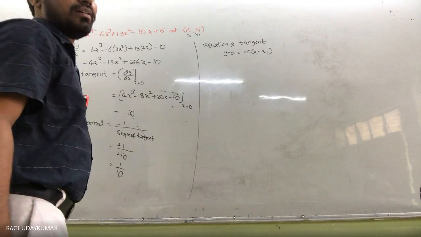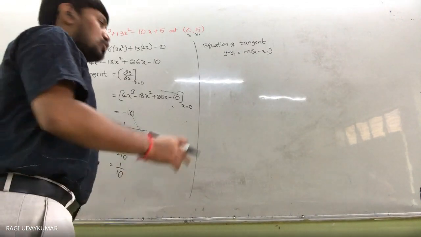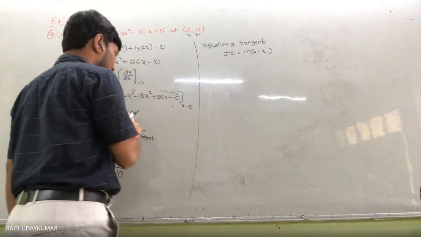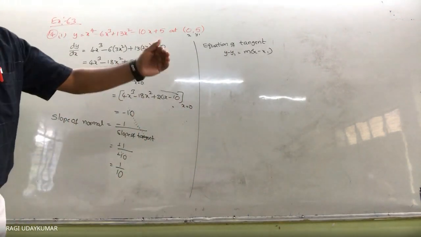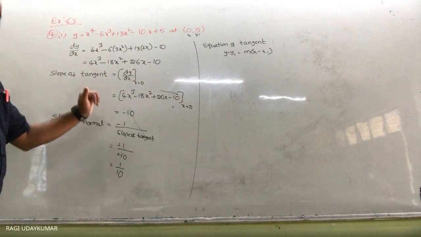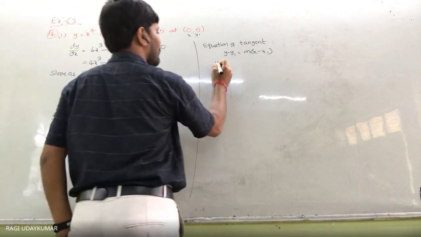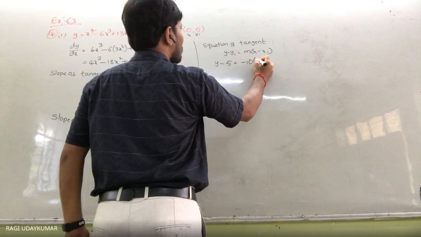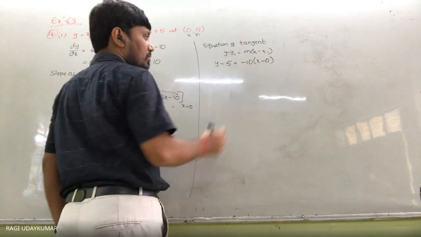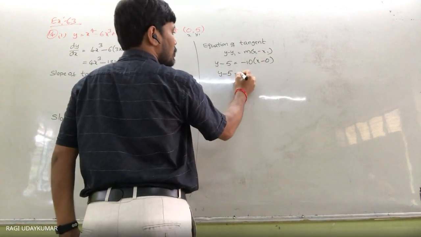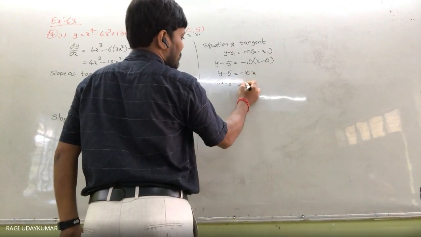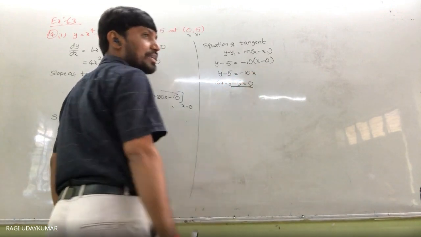The slope of the tangent should be taken into account. So y minus 5 is equal to minus 10 into x minus 0. So y minus 5 is equal to minus 10x. So 10x plus y minus 5 is equal to 0. This is the equation of the tangent.